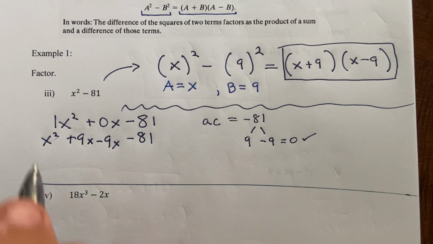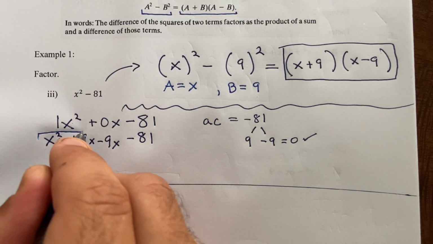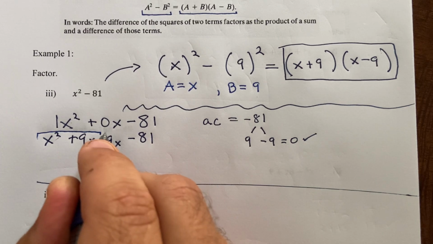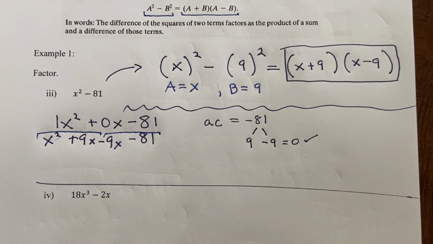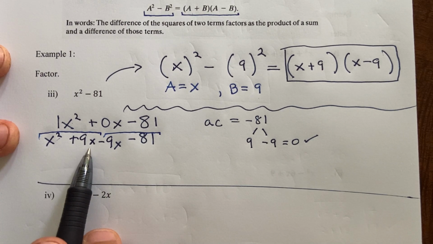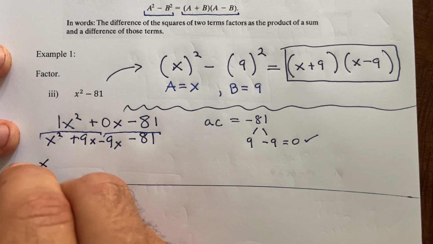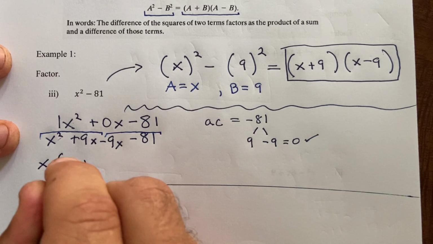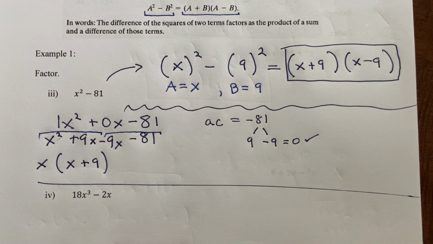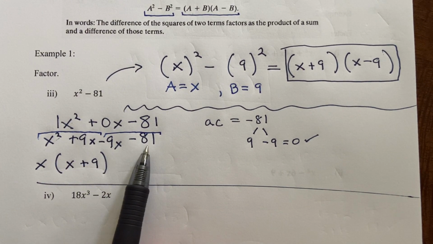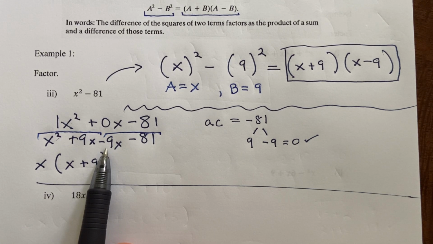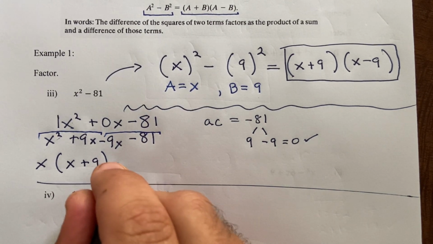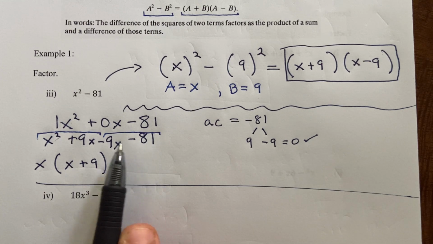Okay, so I'm trying to mimic what we have been doing because you can. And that's what I mean, trying to kind of connect this to things that we've seen already. So factor by grouping, I'm going to factor out of this group an x, leaving behind an x plus 9. Factor out of this group, we have a leading negative, so I'm going to factor out a negative for sure, but also a 9.